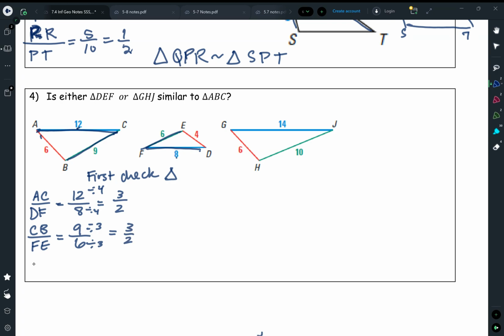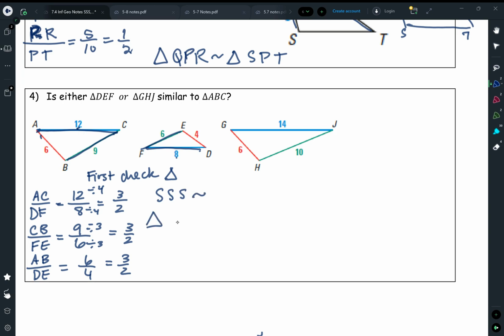And then I want to check AB to DE, and 6/4 is also equal to 3/2. So these ones are similar. So because we have 3 sides, this is going to be side, side, side similarity.